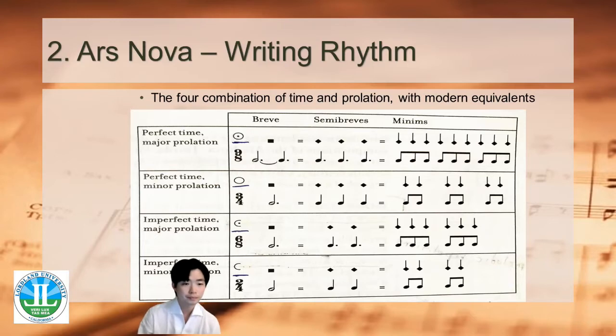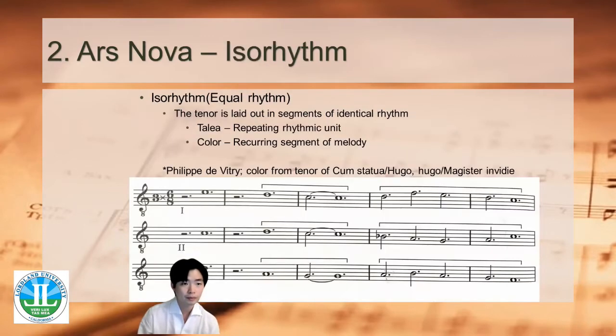So I'm going to continue to talk about Ars Nova, especially isorhythm. The earliest musical works to exemplify the Ars Nova are the motets of Philippe de Vitry, several of which appear or are cited in the Ars Nova treatise.